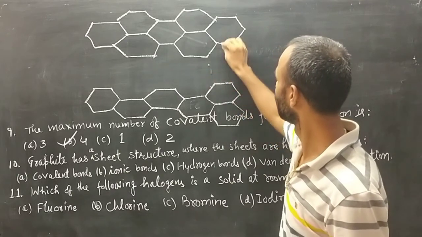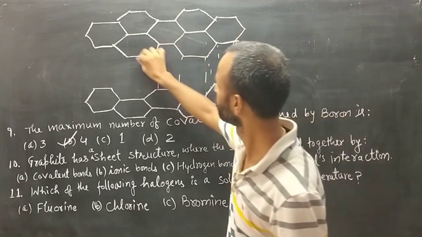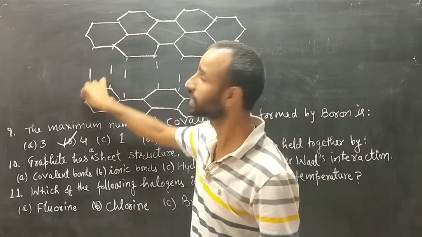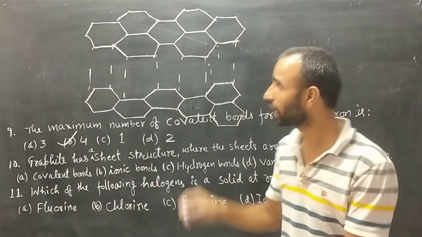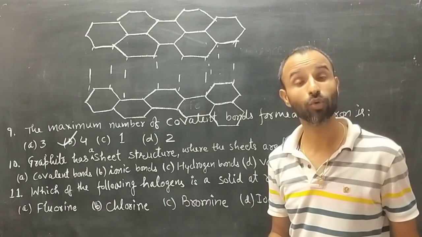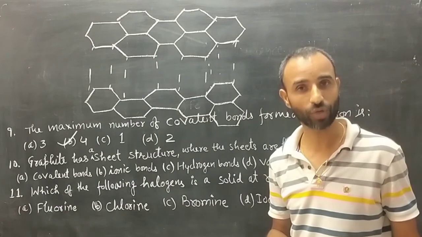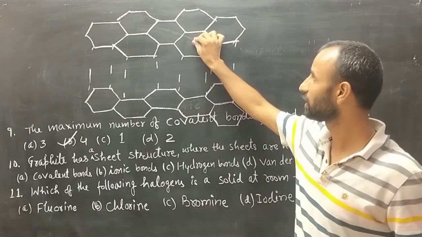That's why these layers are slippery, one can slip over the other. That is responsible for the lubricant nature of graphite. And they are conducting.